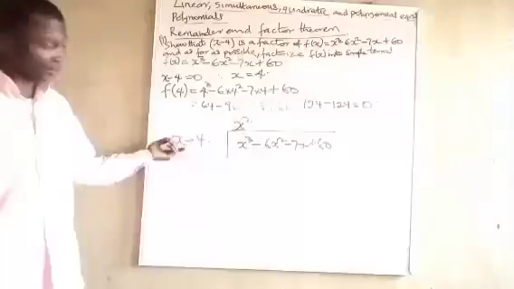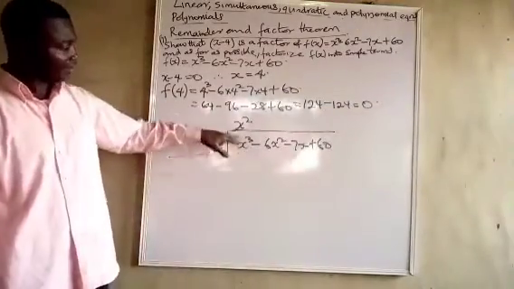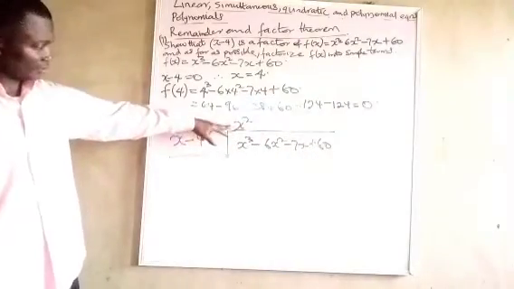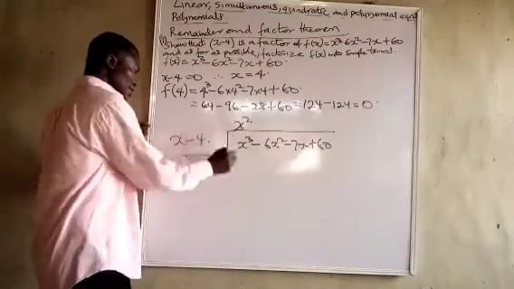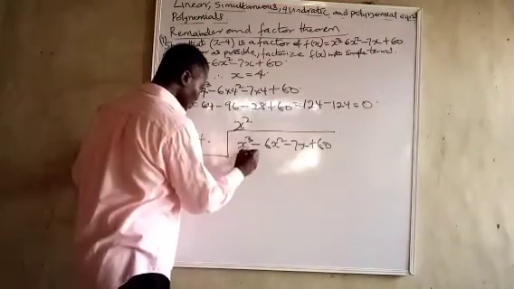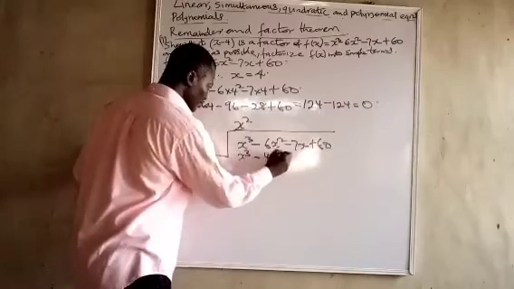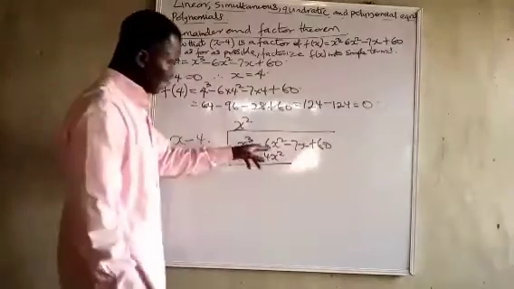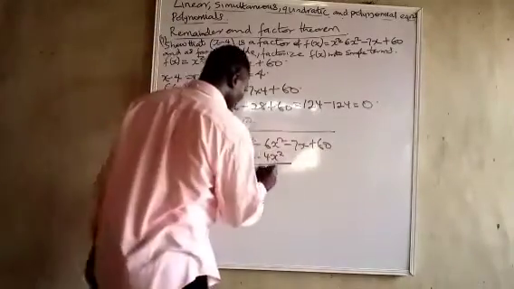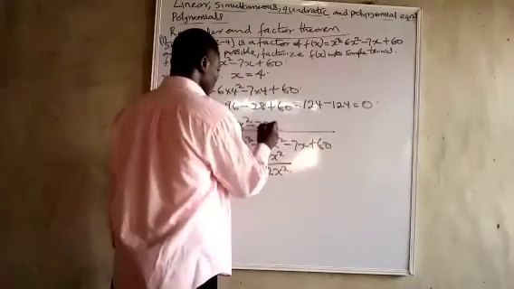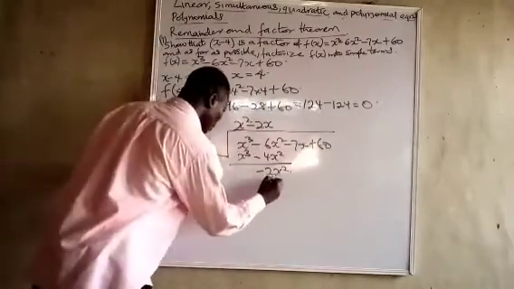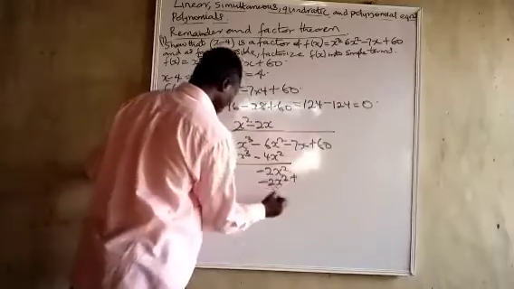Please note, this x is first of all used to divide to find the first term of the quotient, and this one is now used to multiply through. So we have x cubed minus 4x squared. Subtract: 0. Minus 6x squared minus minus 4x squared is minus 2x squared. Again, x into minus 2x squared gives me minus 2x. Multiply through, I'm going to have minus 2x squared plus 8x.